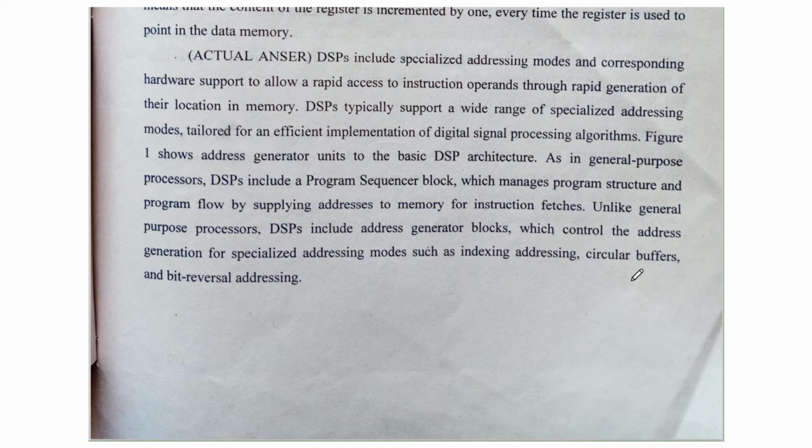These addressing modes are used for the DFT and circular convolution operation that we have seen in the previous units. So there is a close resemblance between DSP processor and microprocessor, but still the DSP processor is different from the microprocessor because of these addressing modes and some changes in the architecture.